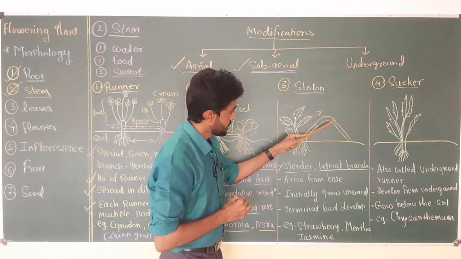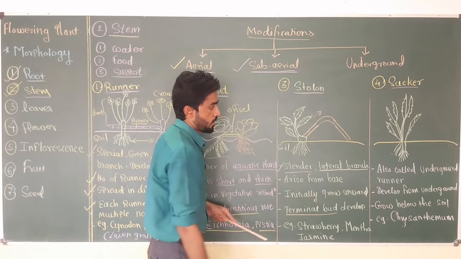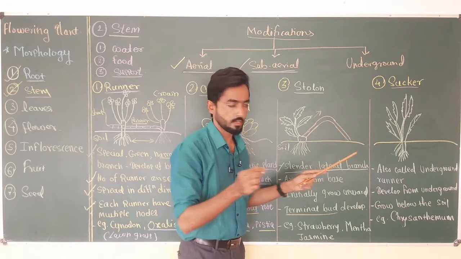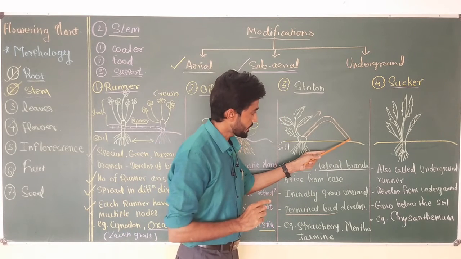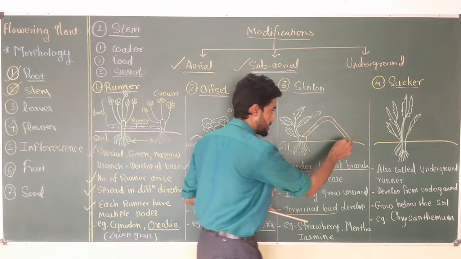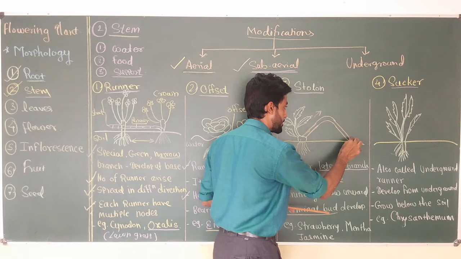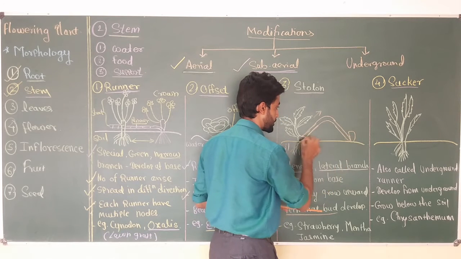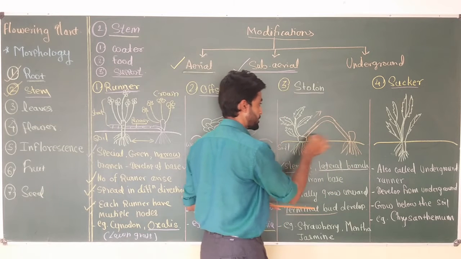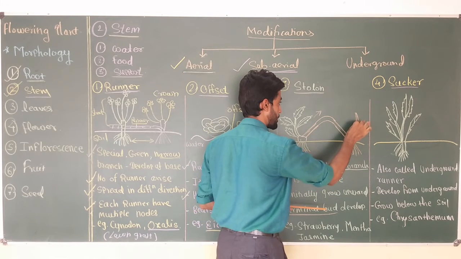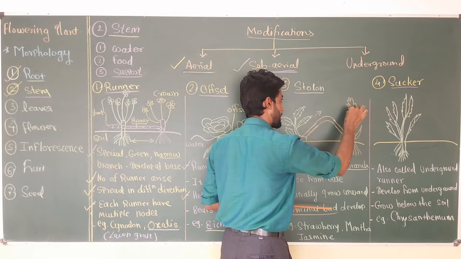Once the branch touches the soil, the terminal bud of the branch, we know that the terminal or apical bud is present at the tip of the branch, touches the soil surface, and is ready to develop another stem and adventitious root system. From this stem, a new daughter plant is produced.